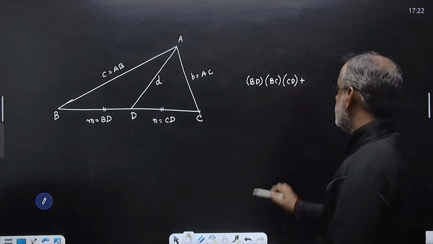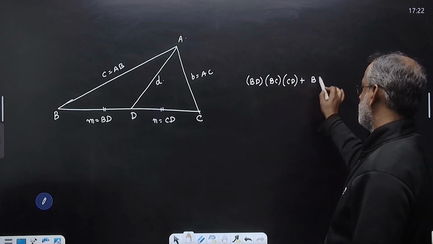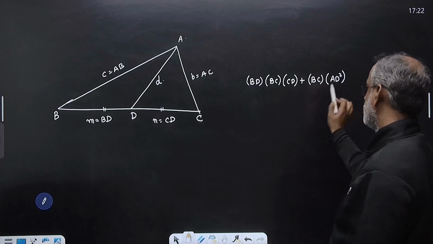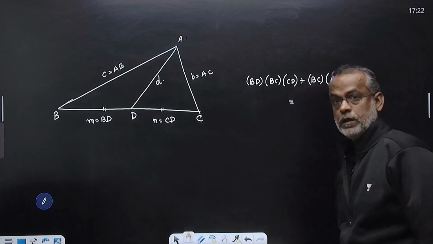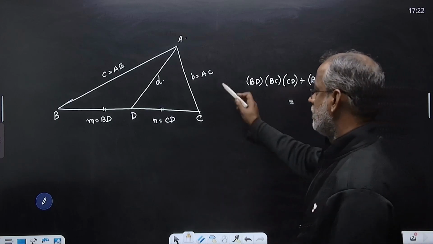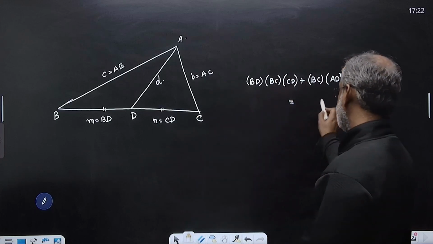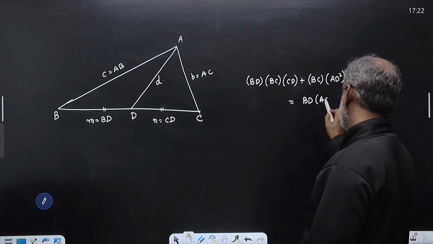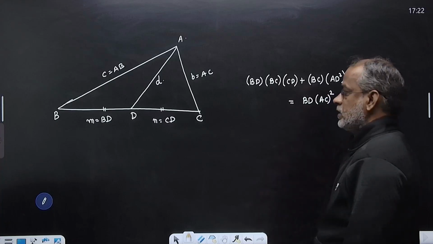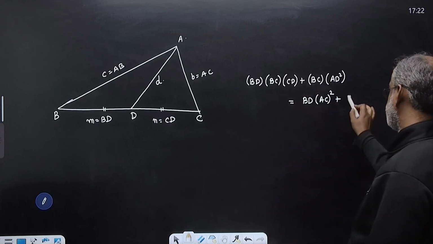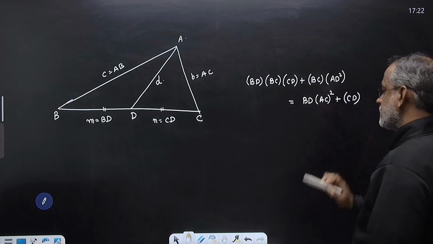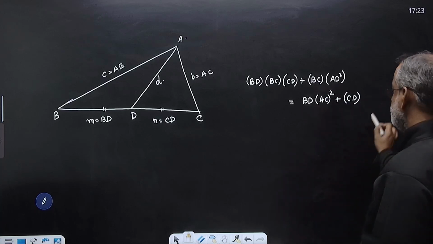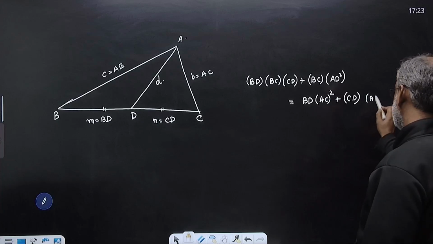Plus AD square is BMB plus CNC, that is CD into AB.